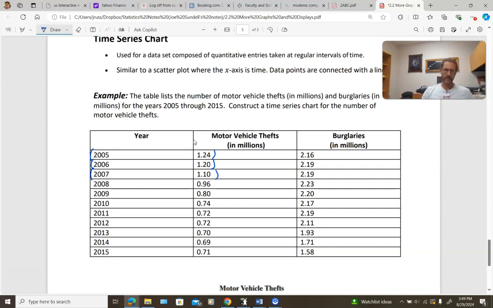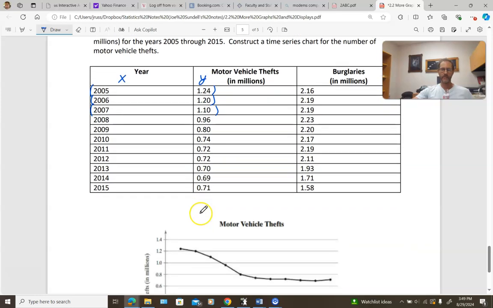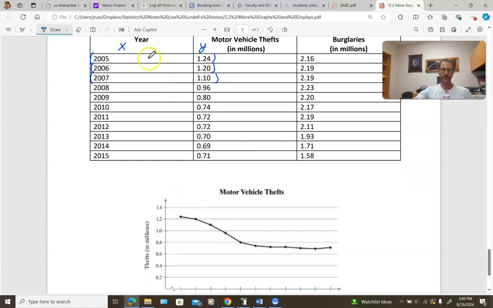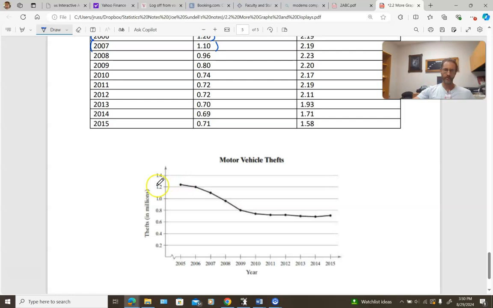You could think about the specific years as your x's and the number of thefts in millions as your y coordinates. For each year there's a certain number in millions of motor vehicle thefts. In 2005 we've got 1.24 million thefts, so you put that point right above the 1.2. And then you do that for the rest of these pairs.